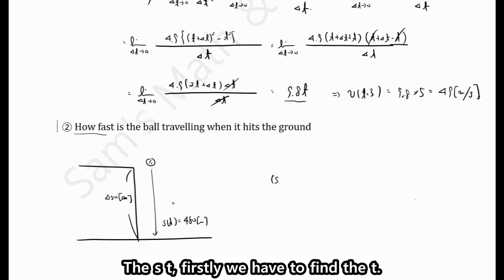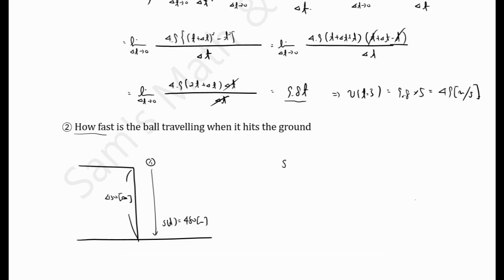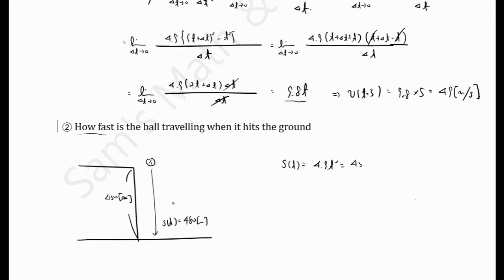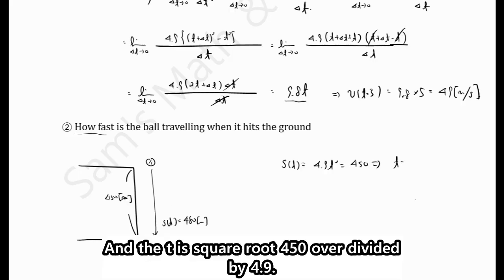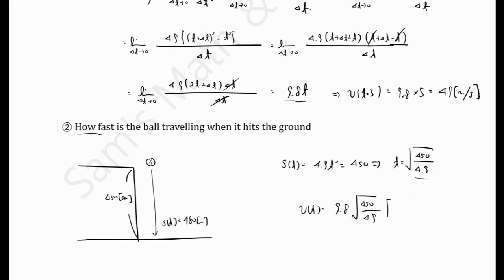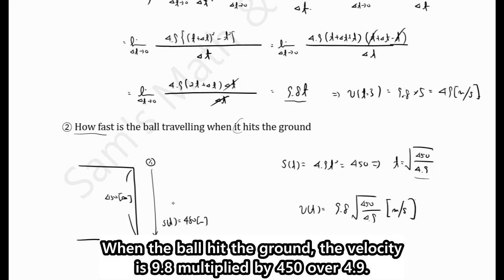So firstly we have to find t. s(t) is 4.9 t squared, which equals 450, and t is the square root of 450 divided by 4.9, and v(t) is 9.8 times the square root of 450 over 4.9 meters per second. When the ball hits the ground, the velocity is 9.8 multiplied by the square root of 450 over 4.9. This is the answer.